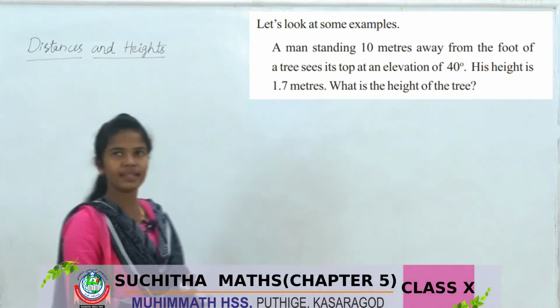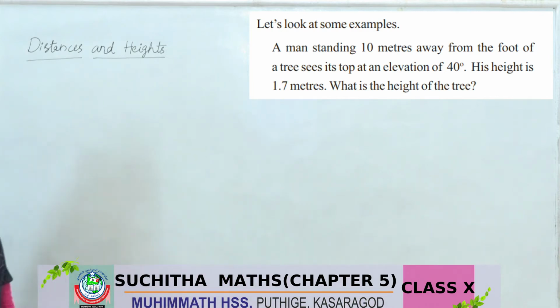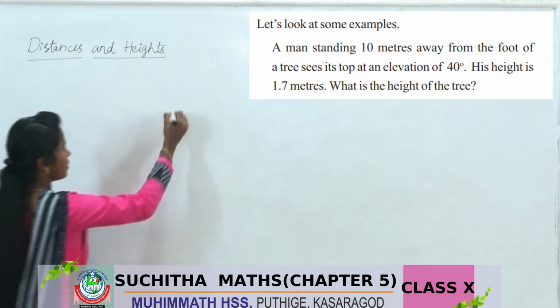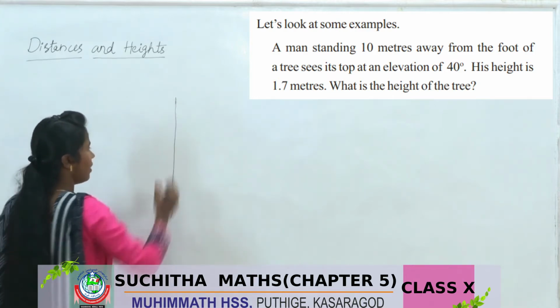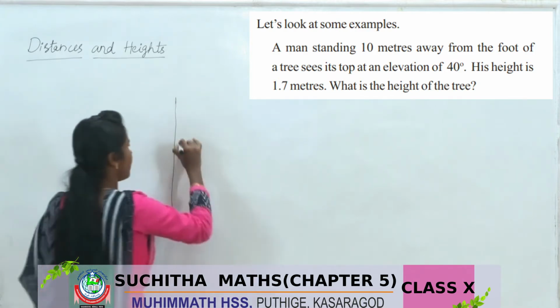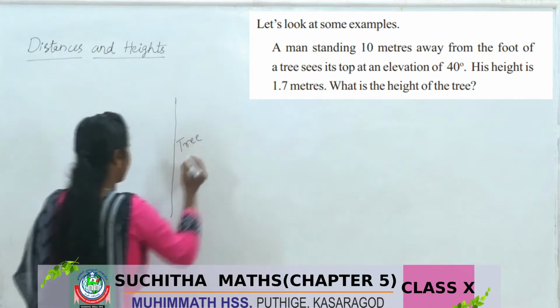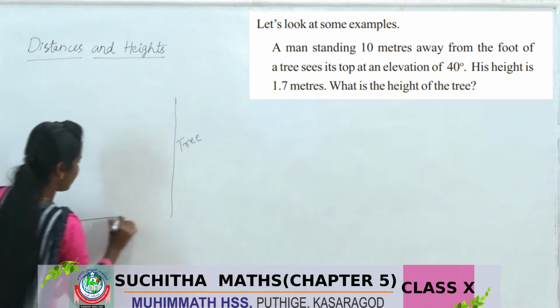Listen, a man is standing 10 meter away from the foot of a tree. So in the question, consider a tree in a straight line. It is the tree, and it is the ground floor.